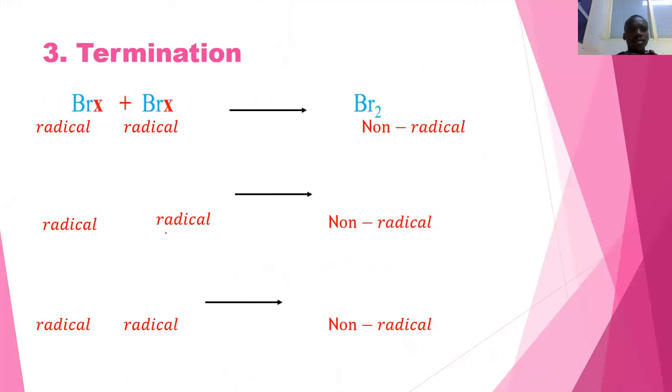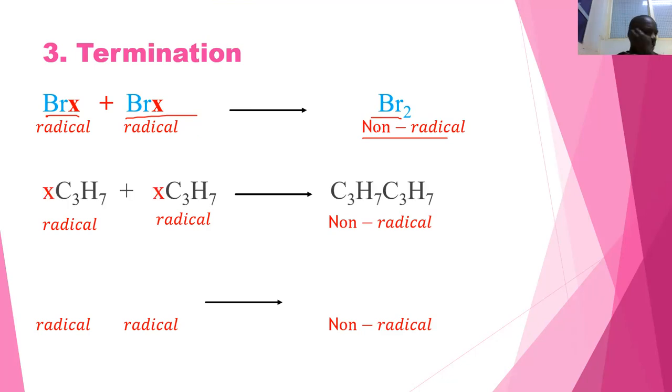So you can see this one. The bromine radical reacts with the bromine radical to give us the bromine molecule, which is a non-radical. So to mean, the radical reacts with the radical to give us a non-radical. We have another one here. The propyl radical reacts with the propyl radical to give us the hexane, that you should be able to know. Then we have a radical reacting with a radical to give us that.